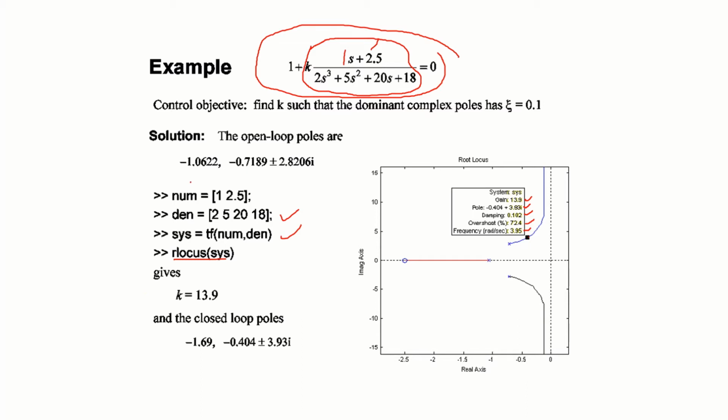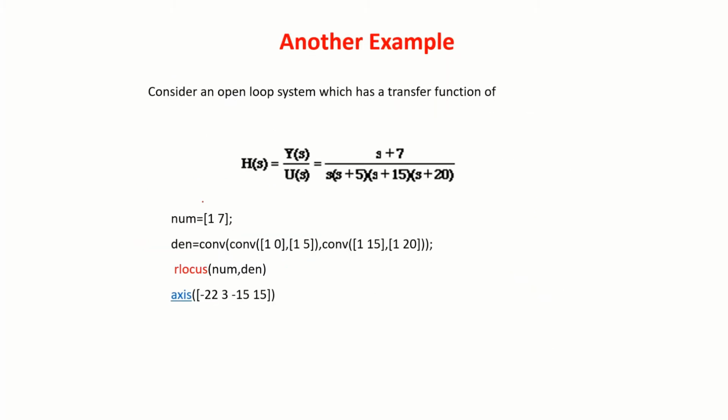The same thing. Either you create an M file or at the command prompt you type this. So consider an open loop transfer function in this form.